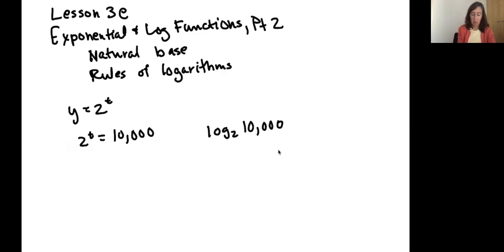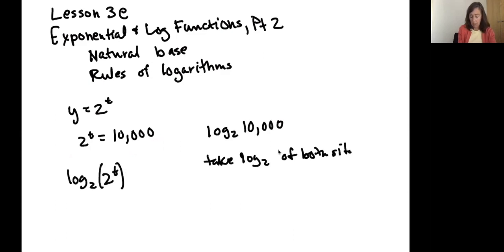Okay, so what we're going to do here is take log base 2 of both sides. So we'll get the log base 2 of 2 to the t power is equal to the log base 2 of 10,000. And here, oh, look, I said that those definitions of logarithms were just going to be showing up all over the place.